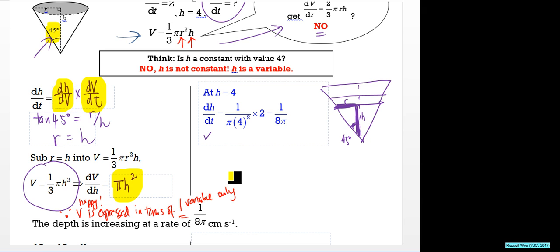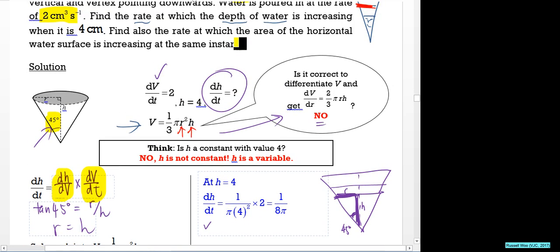They're a bit dry, but we will finish soon. Okay? Now the next part of the question: find also the rate at which the area of the horizontal water surface is increasing at the same instant.